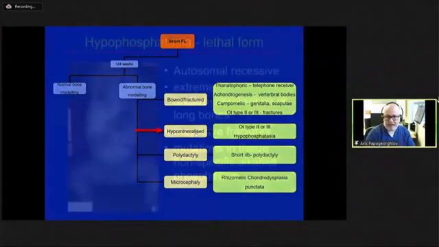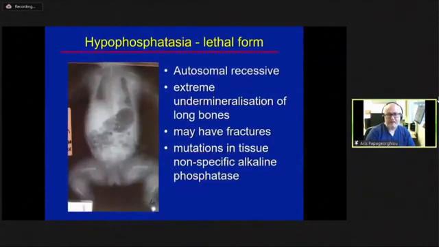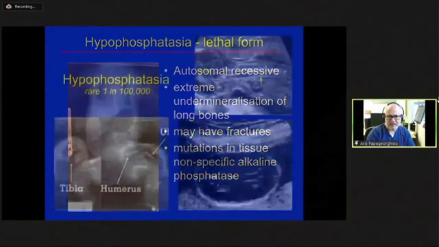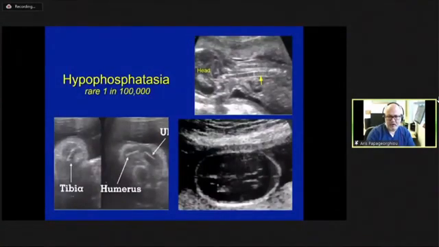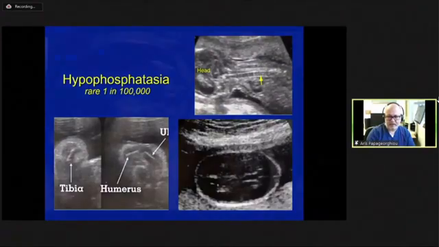Carrying on then, hypomineralized bones and the lethal form of hypophosphatasia, which is an autosomal recessive condition. We have this extreme undermineralization of the long bones, and this is an X-ray of a neonate. The fetuses may also have fractures, but actually it's usually the low mineralization that is so characteristic on the ultrasound images.